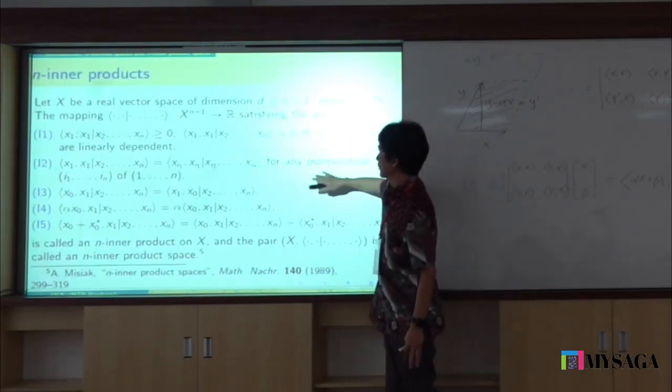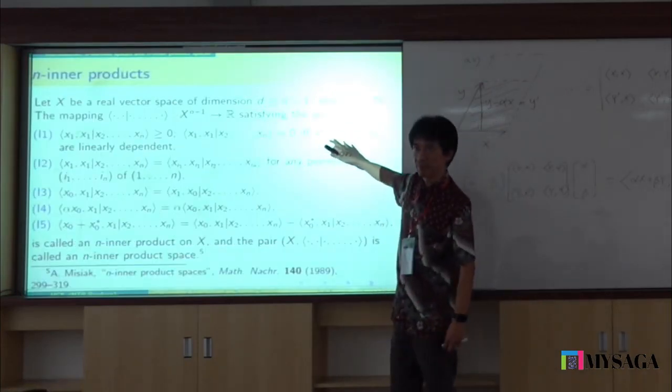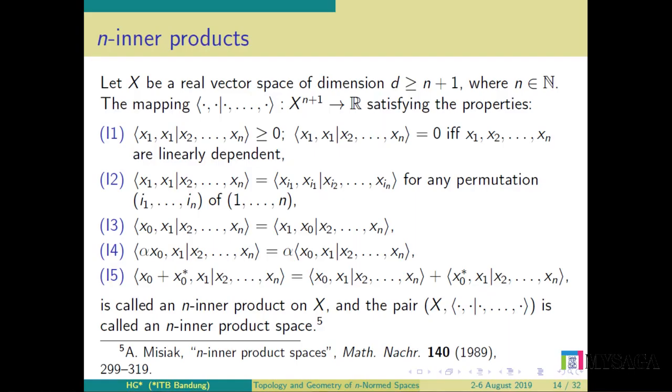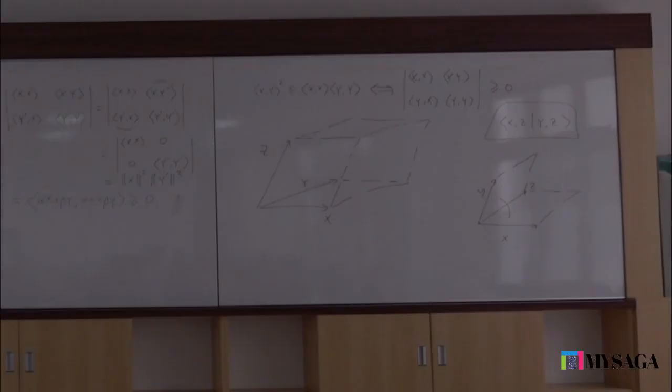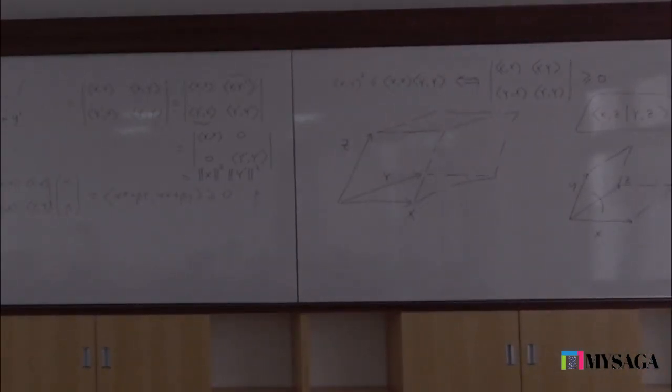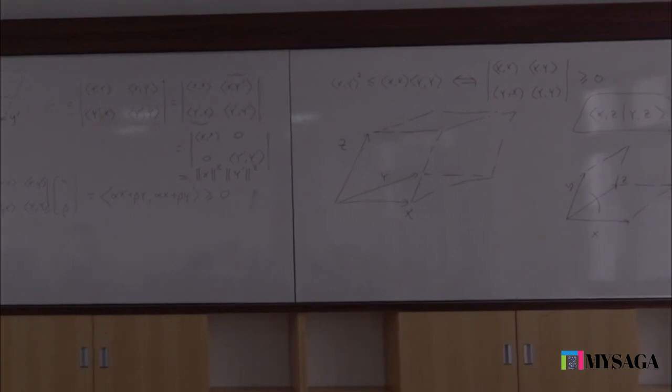And this mapping: the first 2 properties are related to the first 2 properties of the n-norm. Then the third one, remember the notation: we use a comma between the first 2 vectors and then a vertical line, and all the remaining vectors on the right, x2 up to xn, have different roles from the first 2 vectors.